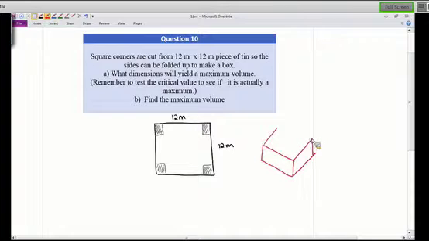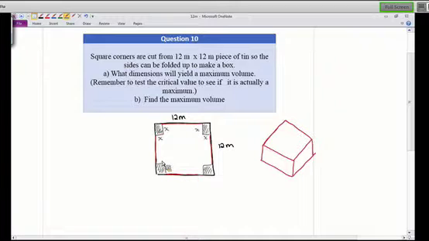Now, if we cut out the corners, our length, width and height are going to change. Because we do not know the dimensions of the corners we're cutting out, it's going to be a length of x.